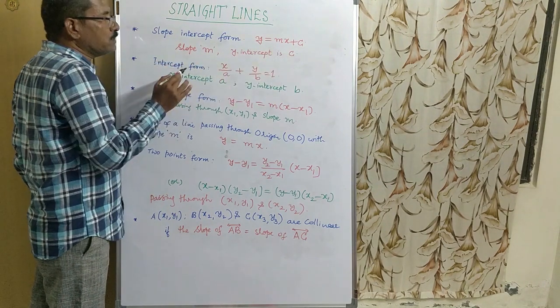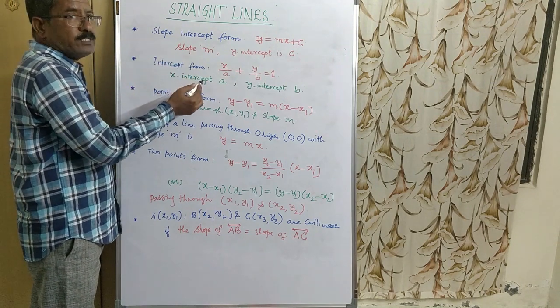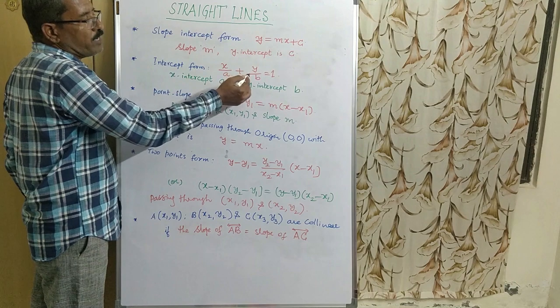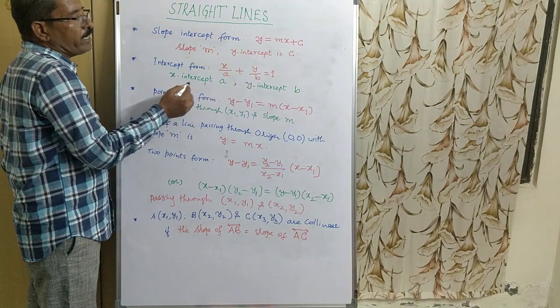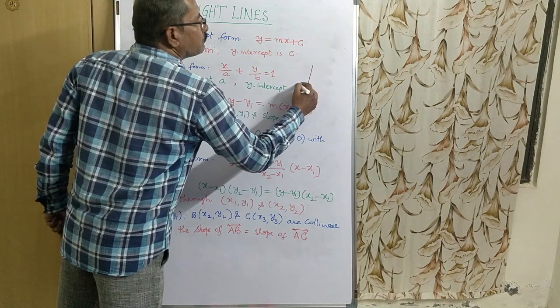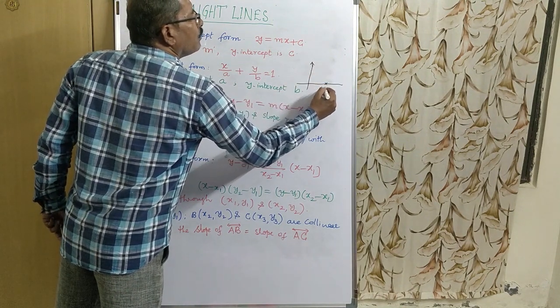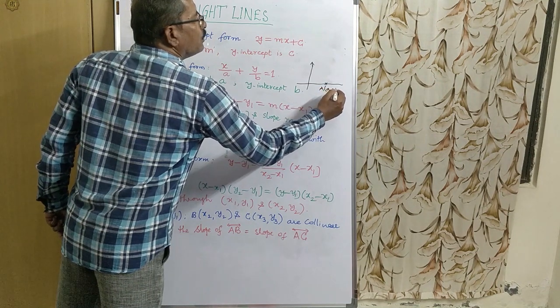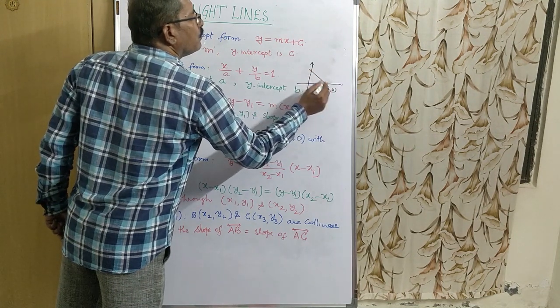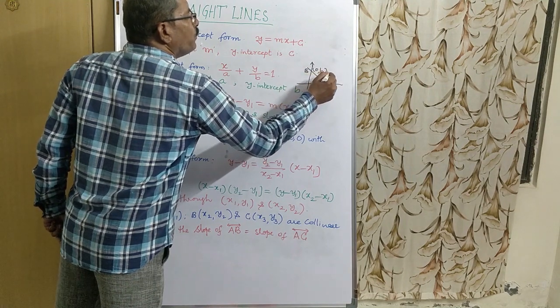And the intercept form of the straight line is x by a plus y by b is equal to 1, where the x-intercept is a and the y-intercept is b, that is like this. A comma 0 and 0 comma b, this is O, 0 comma 0.